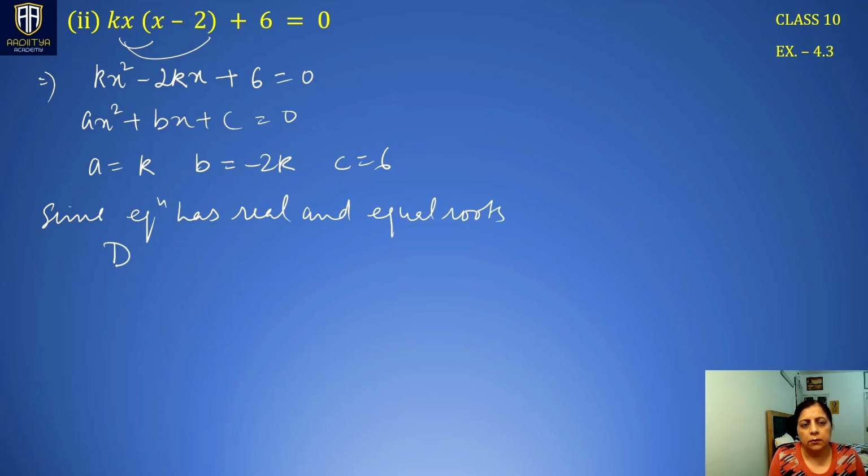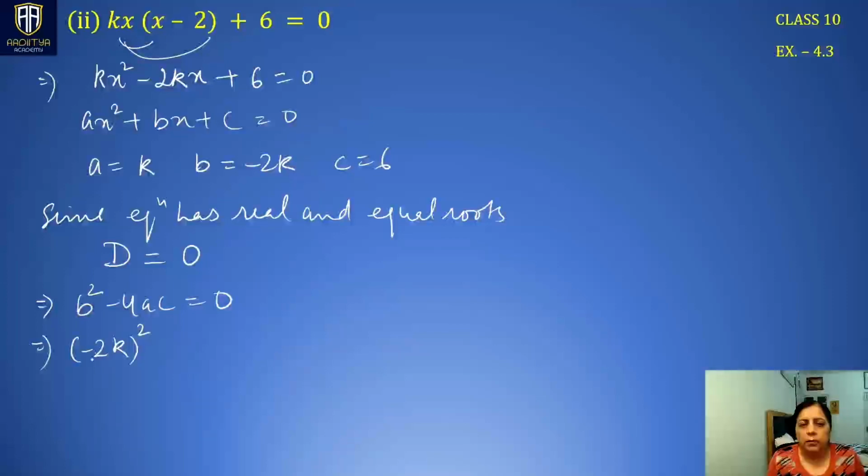That means this leads to D is equal to 0. b square minus 4ac is equal to 0. What is b here? Minus 2k. Always write such things in brackets so that you don't miss out any sign or any square of any number. Minus 4, a is k and c is 6.